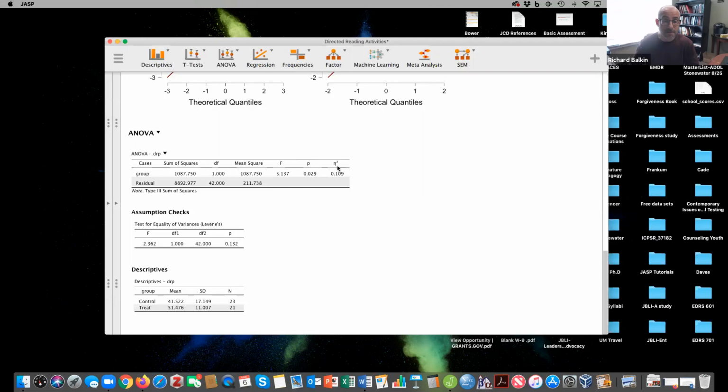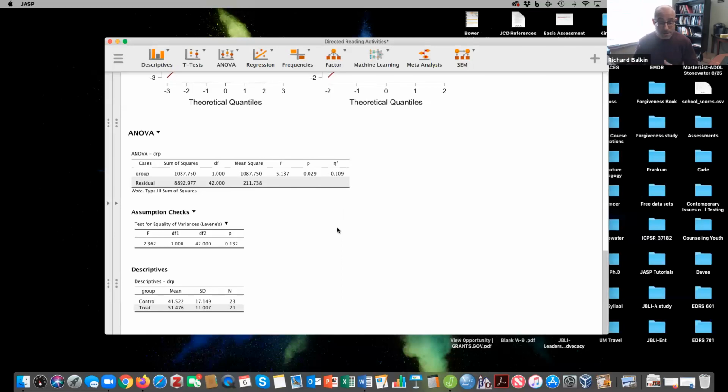With a moderate effect size, 0.109, we move that decimal place over 2 spots, and I'm accounting for 10.9%, almost 11% of the variance in the model, which, if you recall, is a moderate effect. A moderate effect was 0.059 as the cutoff. A large effect was 0.138, almost 14% of the variance in the model. This is about 11%, so approaching a large effect, but it's really a moderate effect size here.